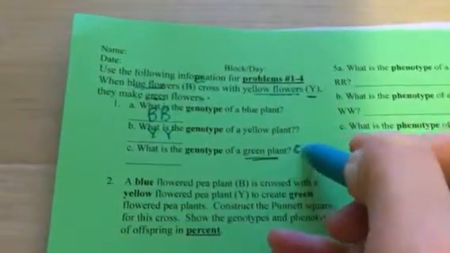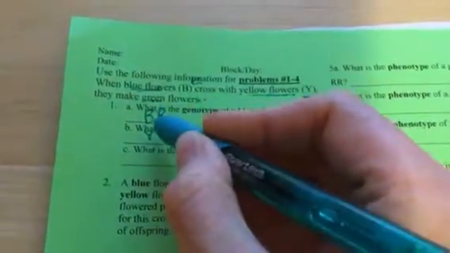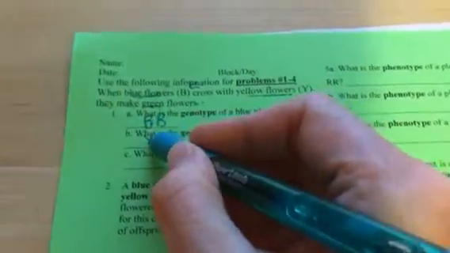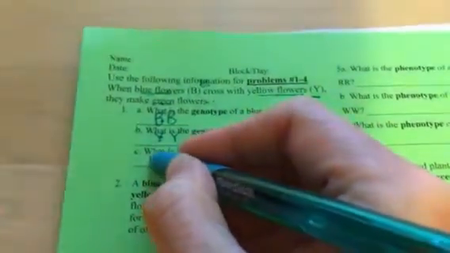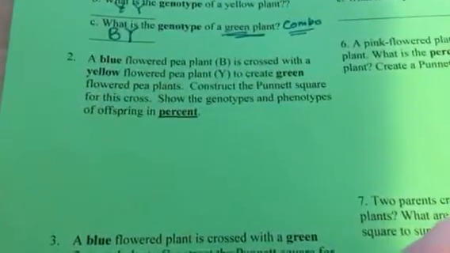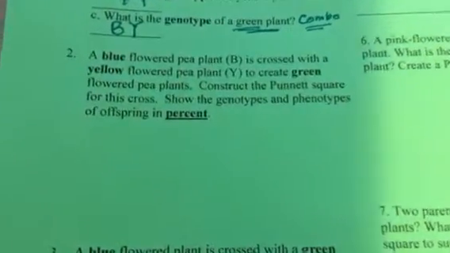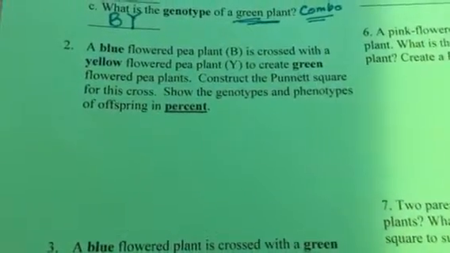It's a combination of both parents. So it's going to be blue and yellow mixed green. Blue, yellow, okay?